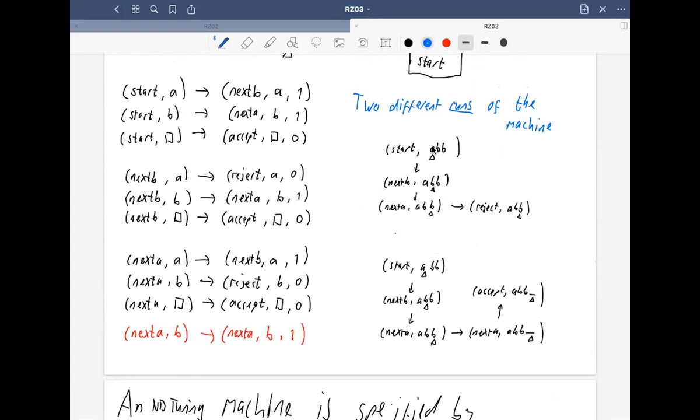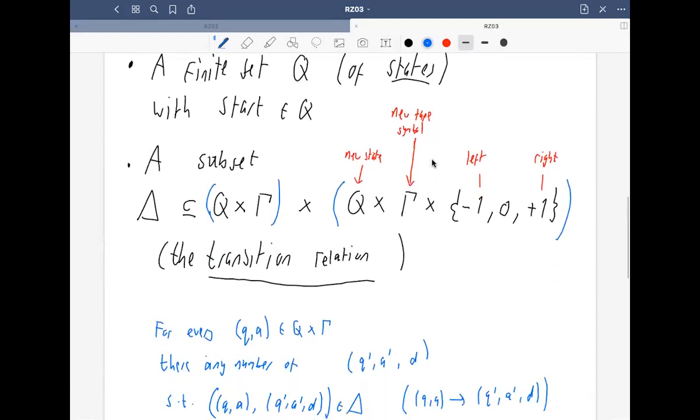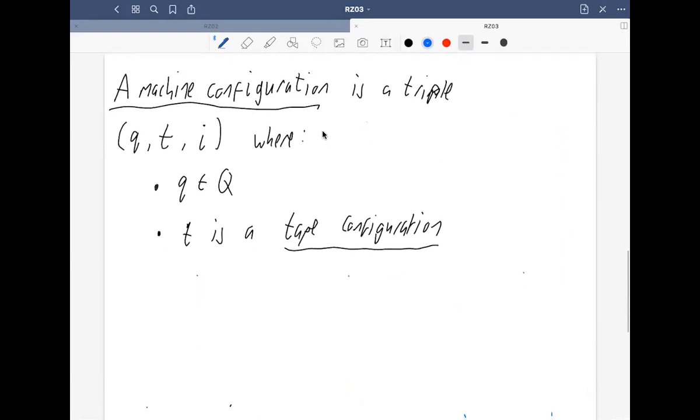These configurations are triples consisting of a state, the tape configuration, here written just briefly as ABB, but it means a blank everywhere to the left, blank everywhere to the right, and the head position, which I'm writing as part of the same information, just writing the triangle. Mathematically, we can write this as before. Formally, a machine configuration is a triple consisting of a state, the tape configuration, and the head position. And i is the head position.